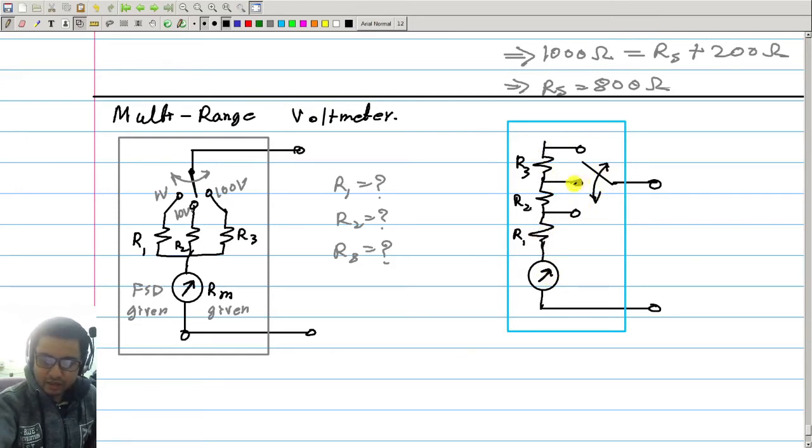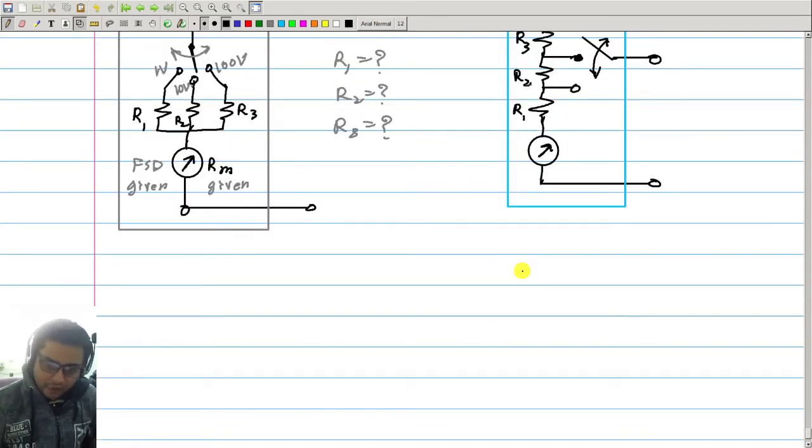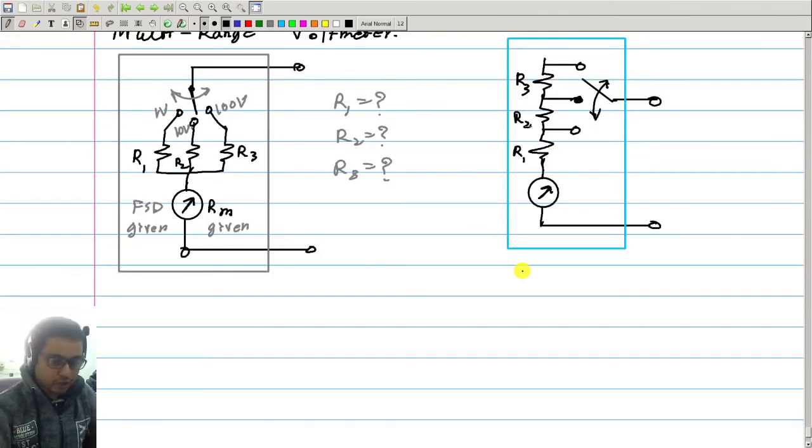If the switch is here, R1 and R2 both are in series, and accordingly you can change the series resistance. So these could be different possible schemes for making a multi-range voltmeter, and I will leave it as homework to figure out how to calculate these resistances R1, R2, R3 for a given choice of required ranges. Okay, so let that be your homework.